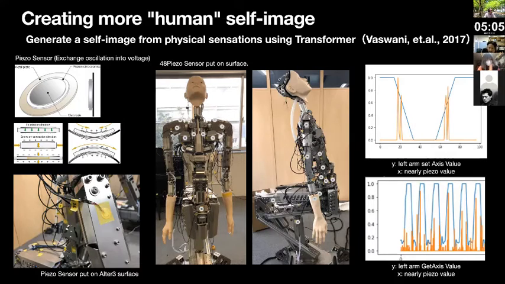Moving axis and piezo sensor values make a relational value from movement start to end. Blue is the get axis potentiometer value, and orange is the piezo value.